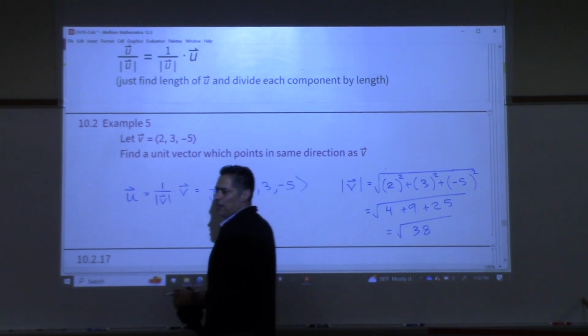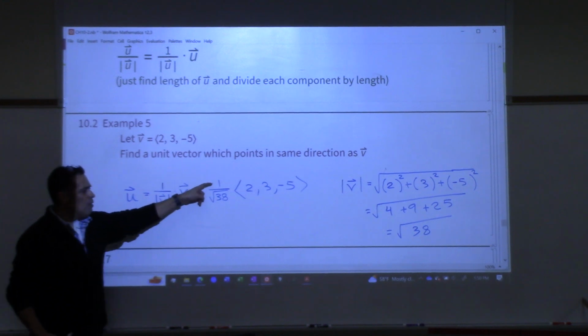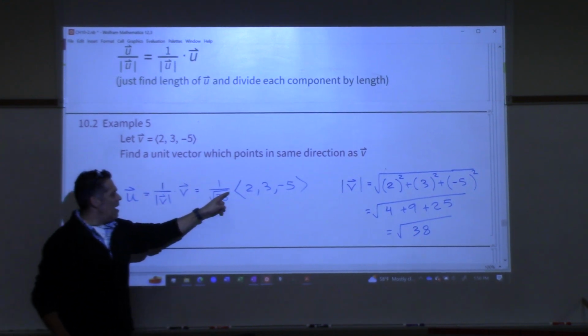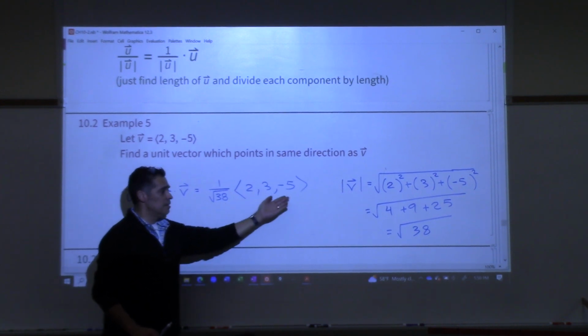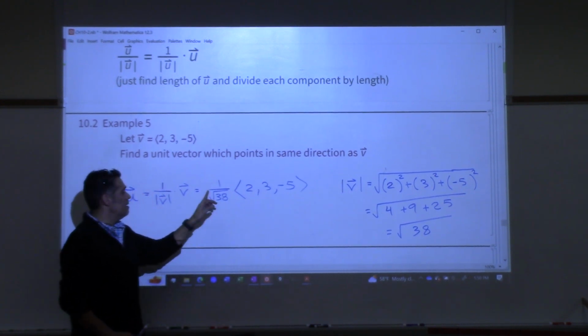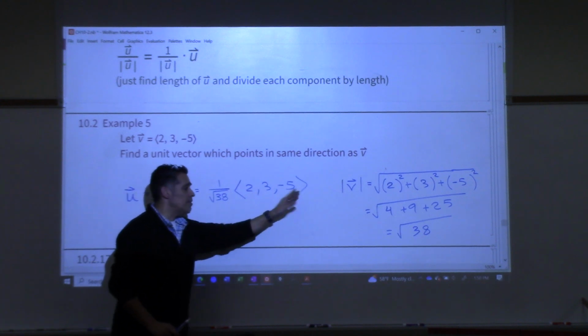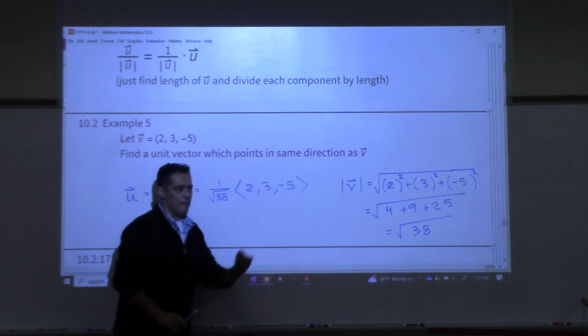Do you see my notation there? 1 over the magnitude of v times the vector itself. And how do you do this? Each component gets multiplied.